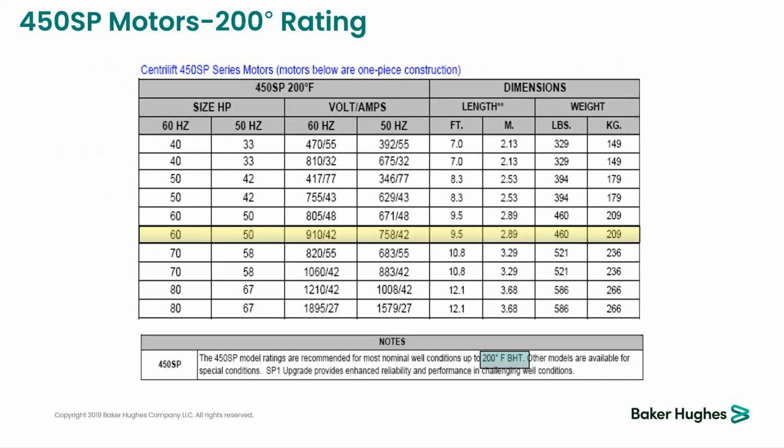So when you have to select your motors, if you look, for example, at 60 horsepower motors, you can find there are 2 volt options. One is 805 over 48 amp, and another one is 910 over 42. With that, there are 2 volt and 2 amp values.